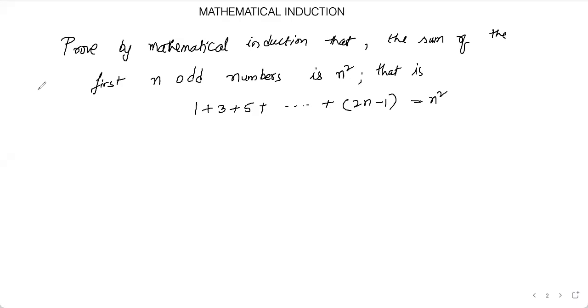So let us prove by mathematical induction that the sum of the first n odd numbers is n squared, that is, 1 plus 3 plus 5 and so on, up to 2n minus 1, is n squared.